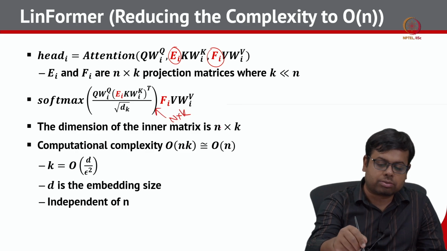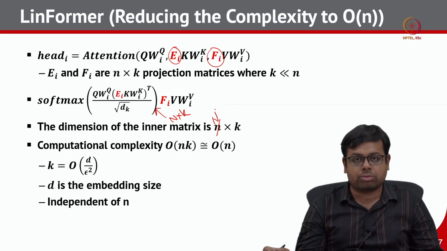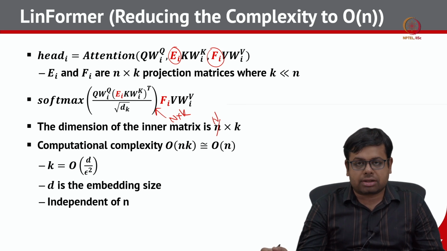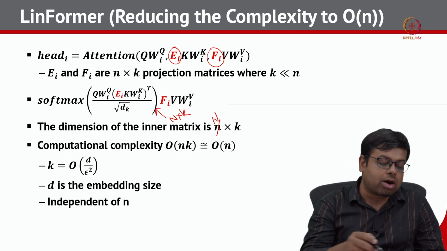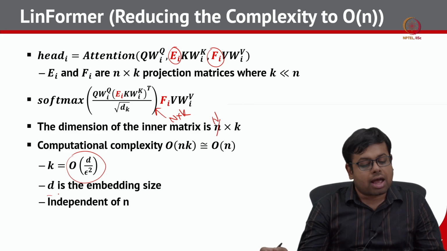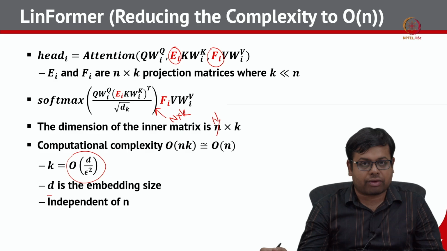By mistake I wrote all the n in lowercase, it should be uppercase N. Now the computational complexity reduces from order n squared to order nk. In that paper you can see theoretical derivations. They argue that k is in the order of d over epsilon squared, where d is the embedding size, which is independent of n, the sequence length, correct?